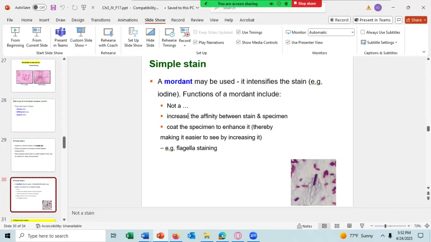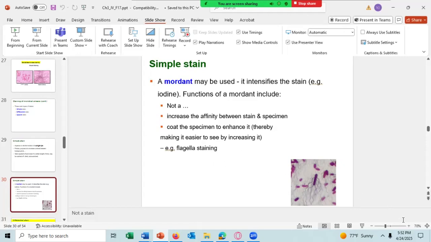The mordant is not a stain itself. It simply increases the affinity between the stain and the specimen, increasing the ability of us to see the specimen or intensifying the stain. A mordant may coat the specimen several times to enhance it, making it easier to see, like with flagella staining.